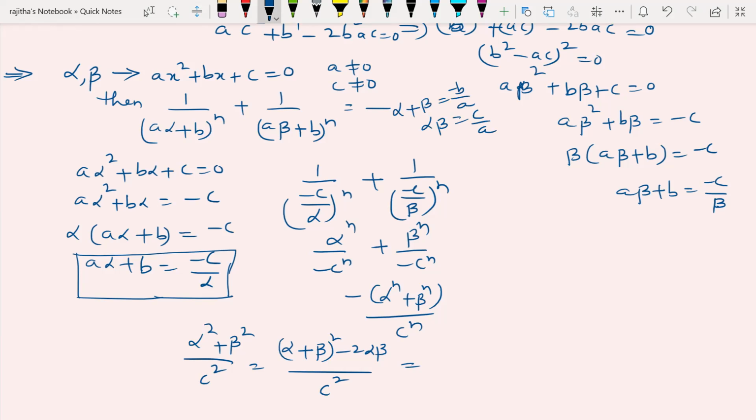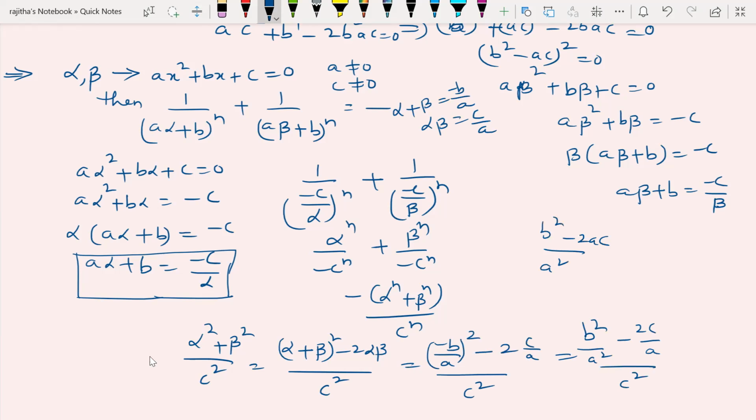That is minus b by a whole power 2 minus 2c by a by c square. That is b square by a square minus 2c by a by c square. That is a square is the LCM, b square minus 2ac in a square, here c square, a square c square.